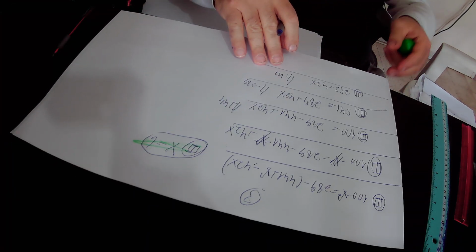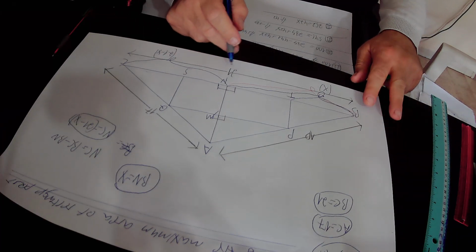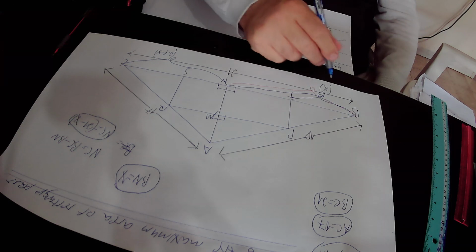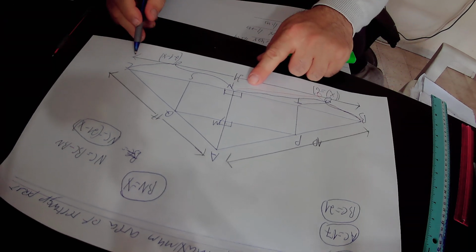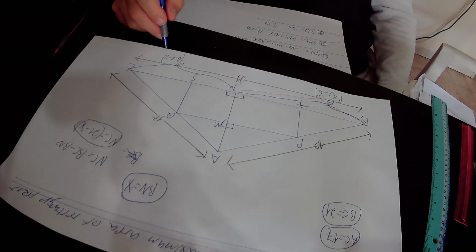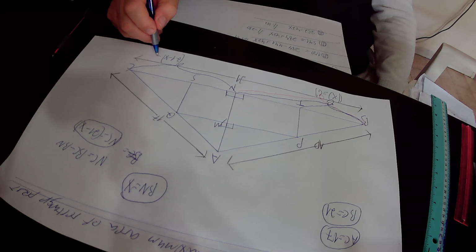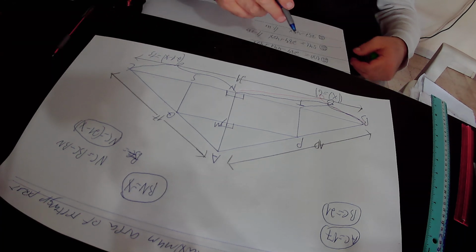So actually, line segment BN is equal to x, which is 6 units, and line segment NC equals 21 minus x, 21 minus 6, that is 15. In the next step we return to equation 1.